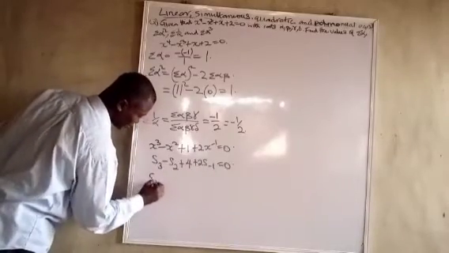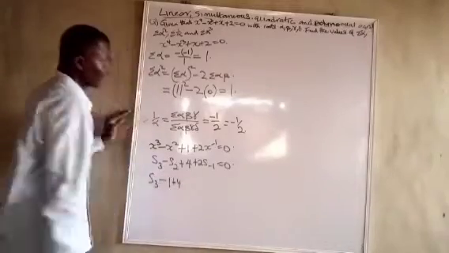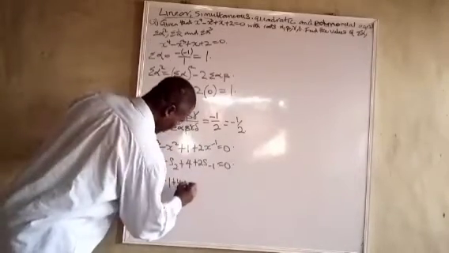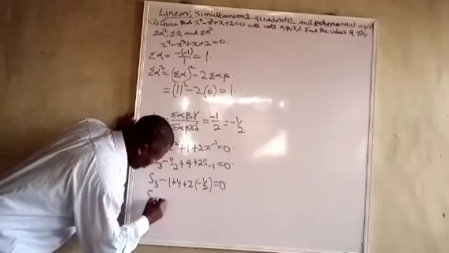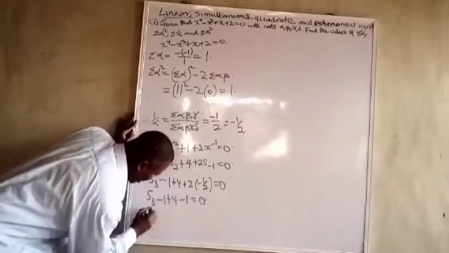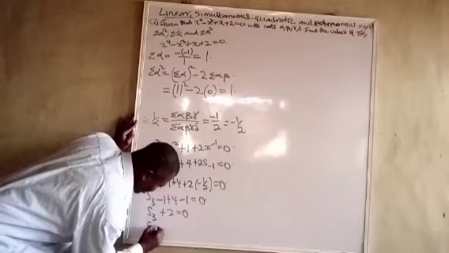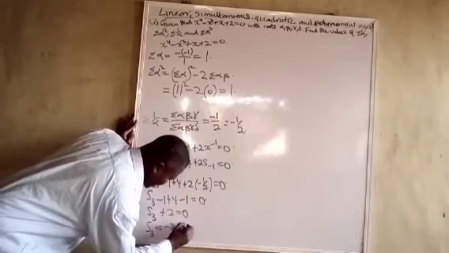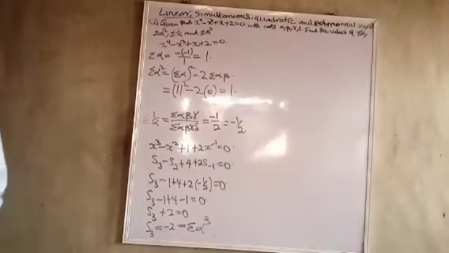So we have S3 minus, what is our S2? 1, plus 4. What is our S minus 1? Minus half. So we have S3 minus 1 plus 4 minus 1 is equal to 0. So S3 plus 2 equals 0. So S3 is equal to minus 2. And that is summation alpha cubed. So our S3, or summation alpha cubed, is equal to minus 2.